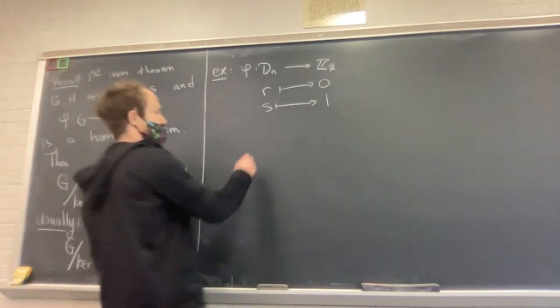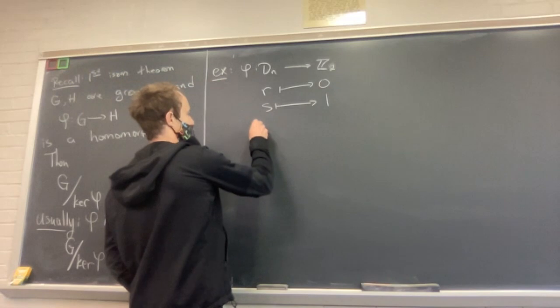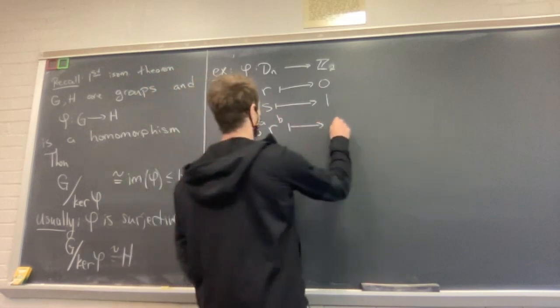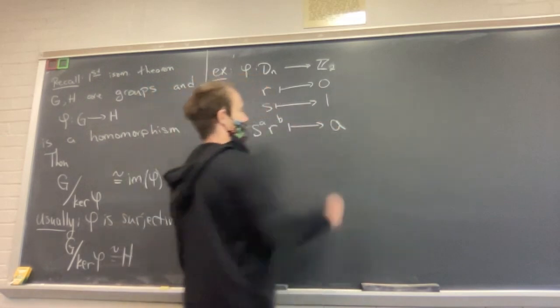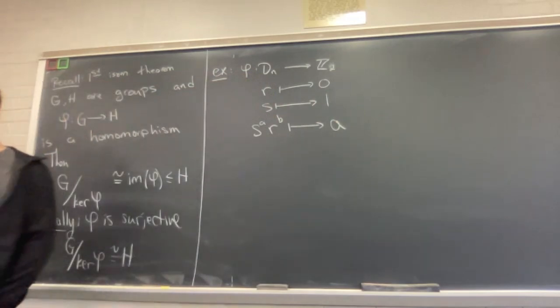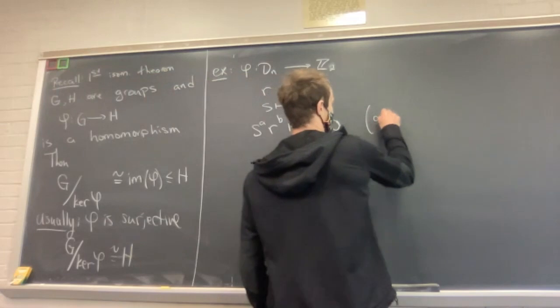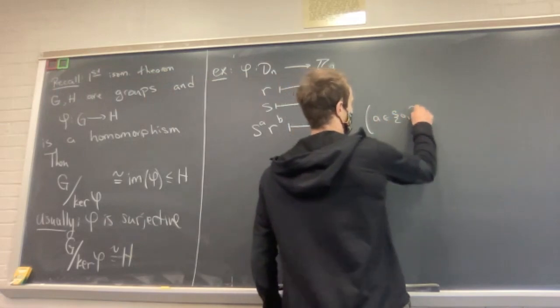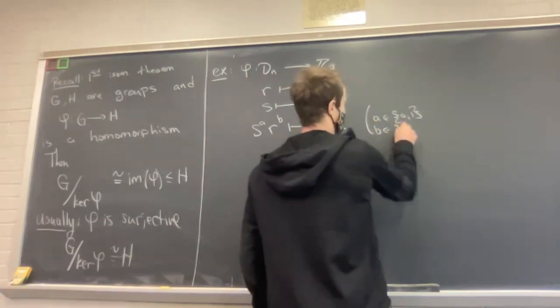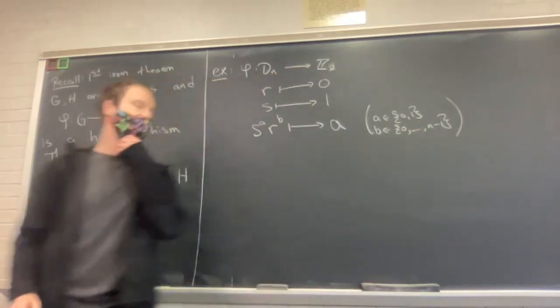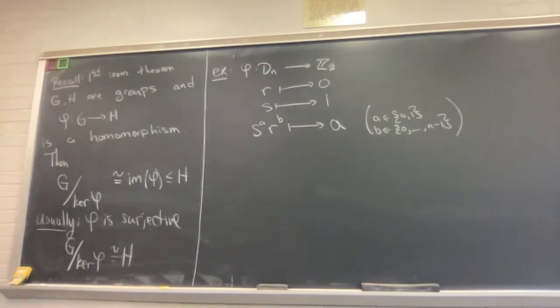So in other words, we're going to take an arbitrary element, which is S to the A, R to the B, and that's going to go to A, right? So remember, A here can be 0 or 1, and then B is from 0 up to n minus 1. Every element of Dn can be rewritten like that.